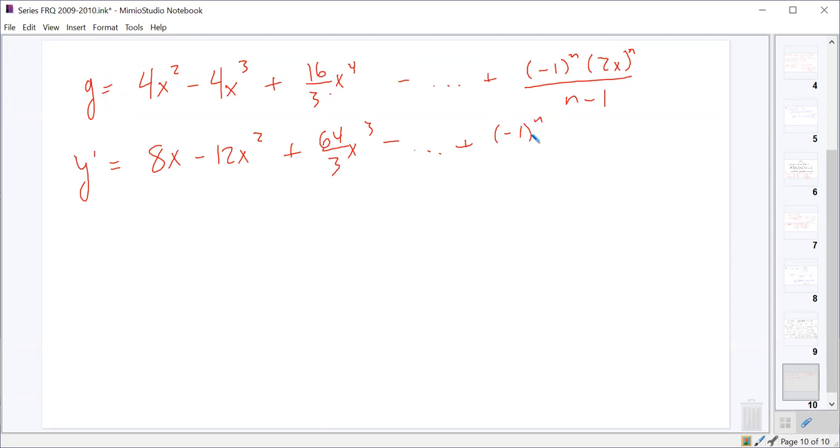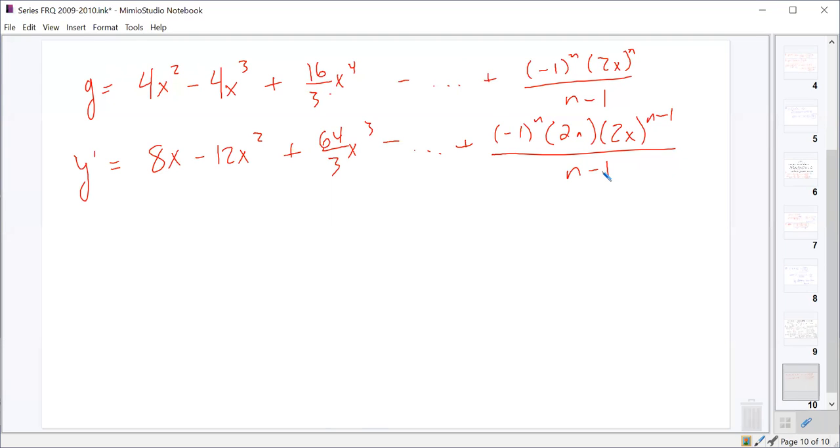Should be negative 1 to the n. And what's the derivative of our 2x to the n? That should be n times 2x to the n minus 1 times the derivative of 2x. So that should be 2n times 2x to the n minus 1. And if you use the chain rule to take the derivative of that, all over n minus 1.